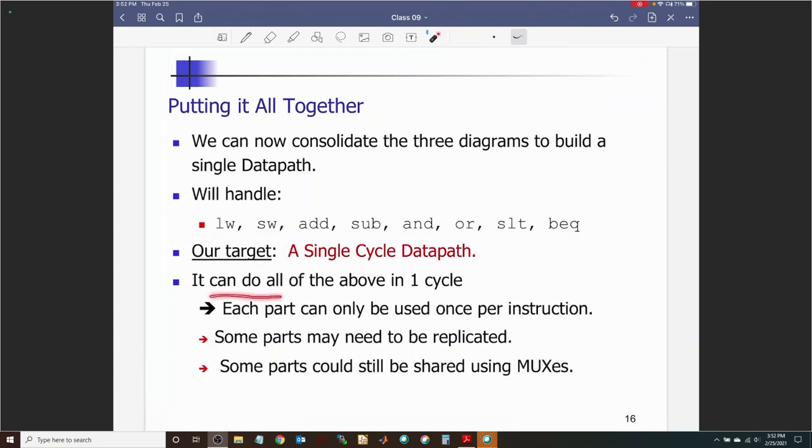It can do all of the above in one cycle. What that means is each part can only be used once per instruction, which means if I'm using the register file or the ALU or accessing the memory, I can only do one instruction at a time.